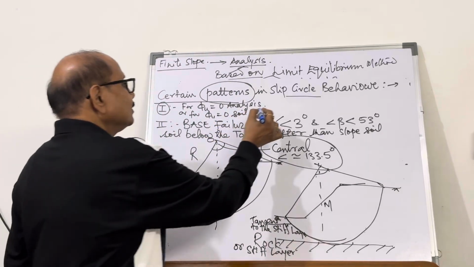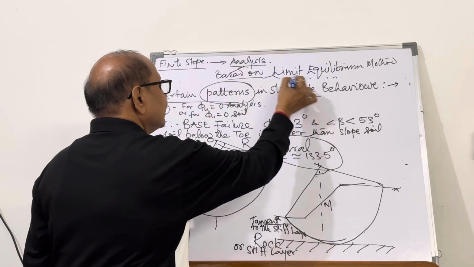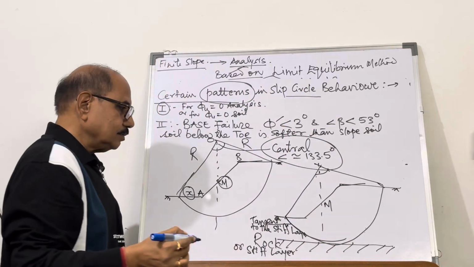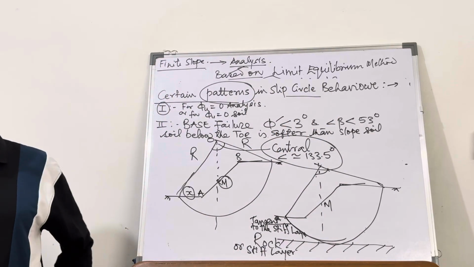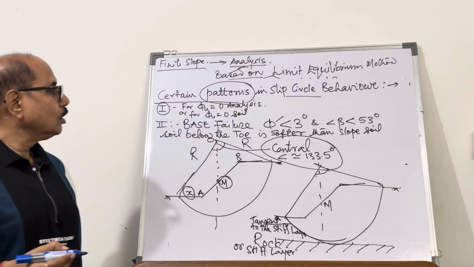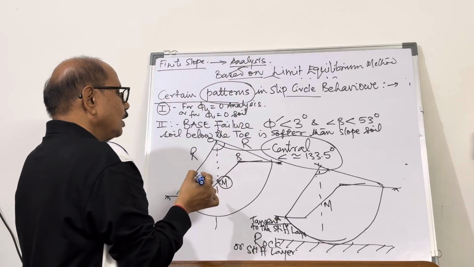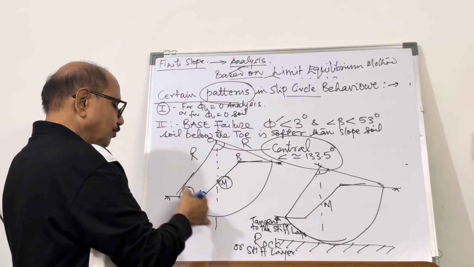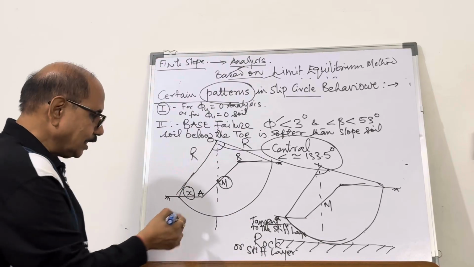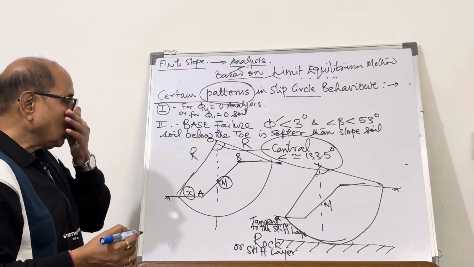So certain patterns in locating the slip circle are going to help you by knowing the condition and different conditions. Here there is no stiff layer.